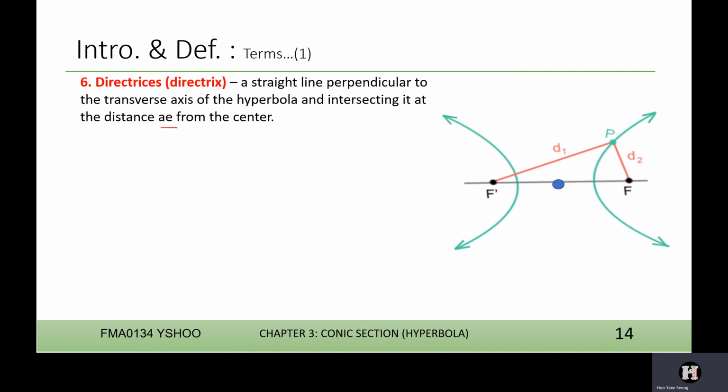Actually, e is the eccentricity. But since e has not been introduced into your vocabulary, we'll just forget that definition. We just need to know that we have two lines that are at some distance from our center.